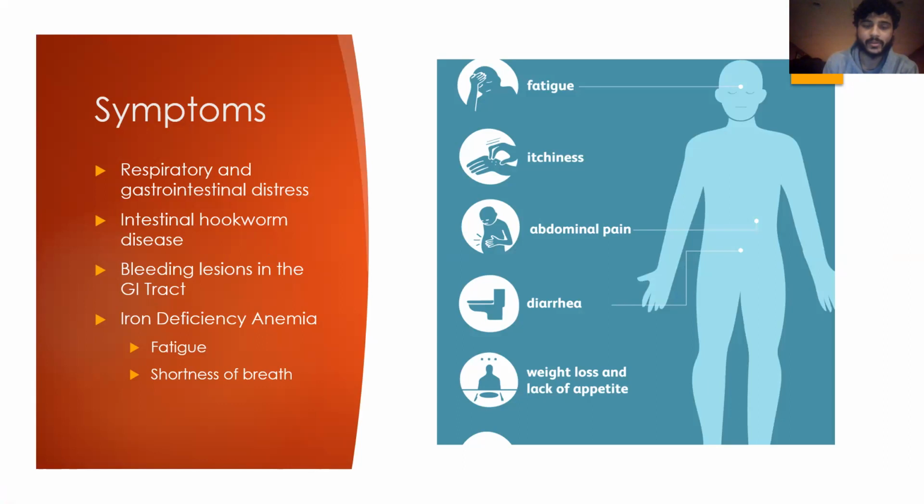But in this case, since there's such few red blood cells, because they're all being taken away by the parasite, you're gonna have shortness of breath, and you're gonna have fatigue, common symptoms of anemia. Here are a few other symptoms on this graphic to the right over here that are also common with intestinal hookworm disease.